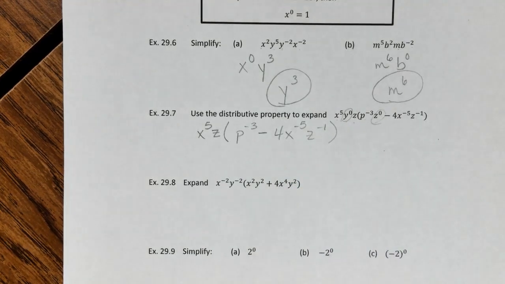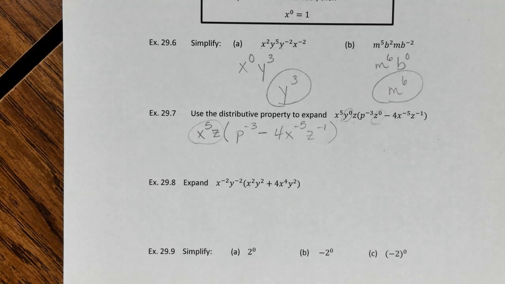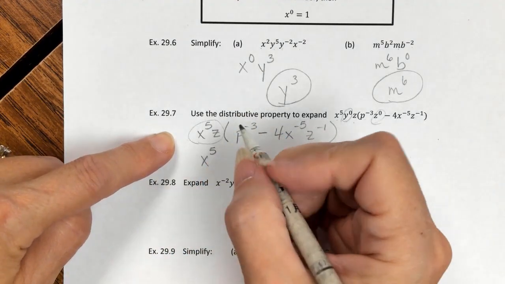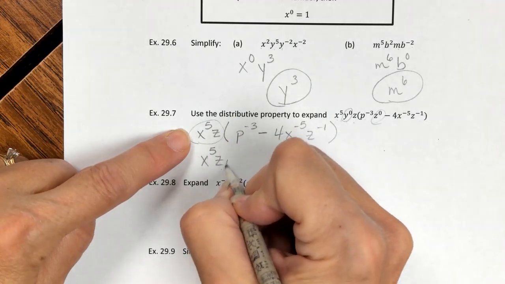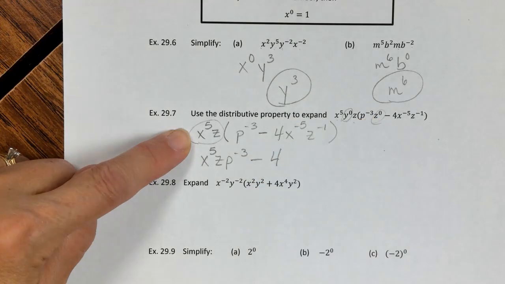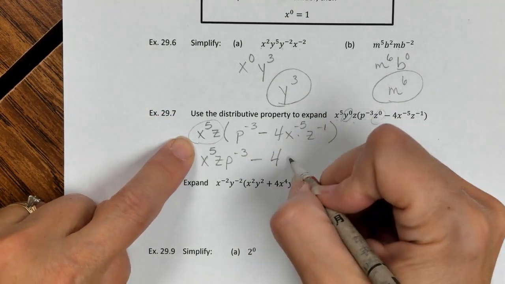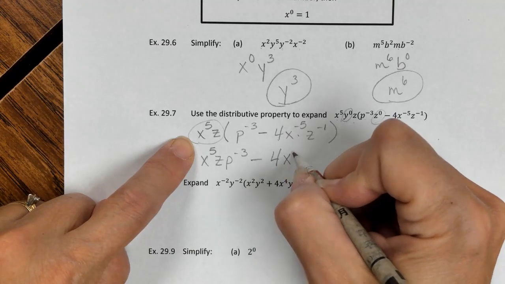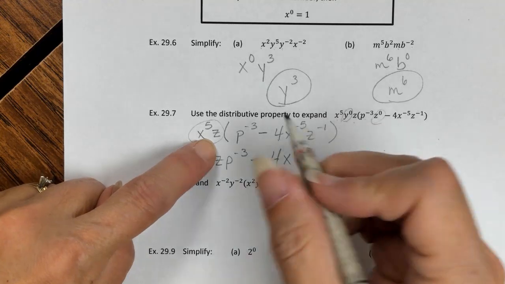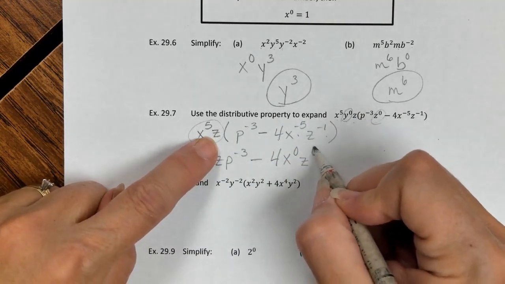Now I distribute. That means I'm taking this on the outside times both terms on the inside. If I just keep them in the order in which I see them, x to the 5th, z, p to the -3, minus, except of course numerical coefficients go first, x to the 5 times x to the -5, that's x to the 0, z to the 1 times z to the -1, 1 minus 1, also 0.